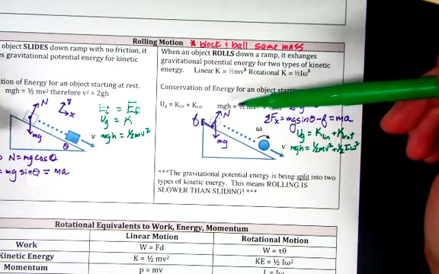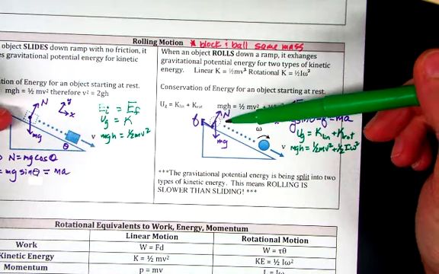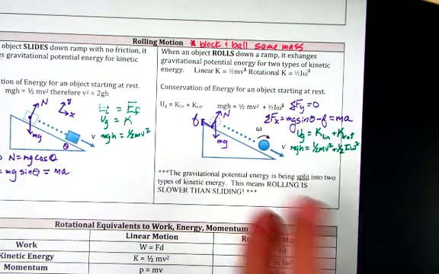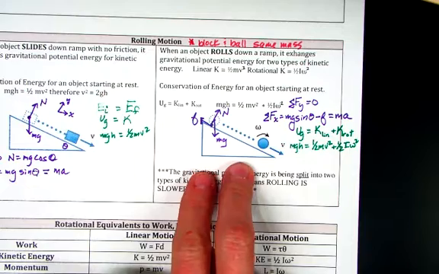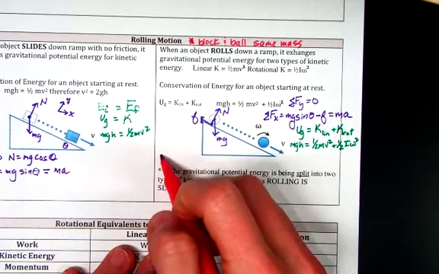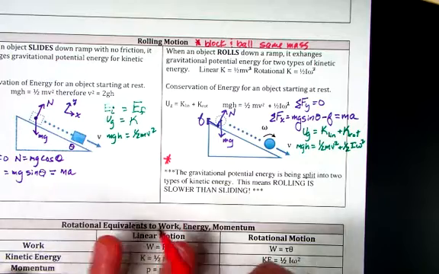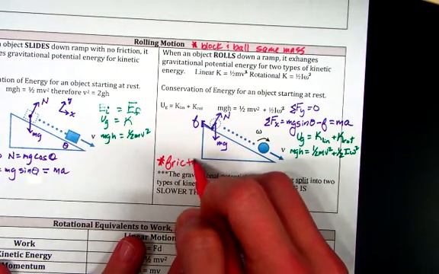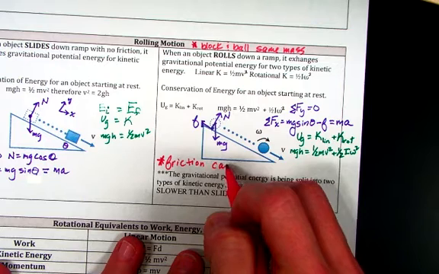So you guys are going to want to make sure you know how to draw the free body diagrams. We want to know what forces are working in these situations. What is the torque causing force here? What is it? Friction. So friction causes the torque here.